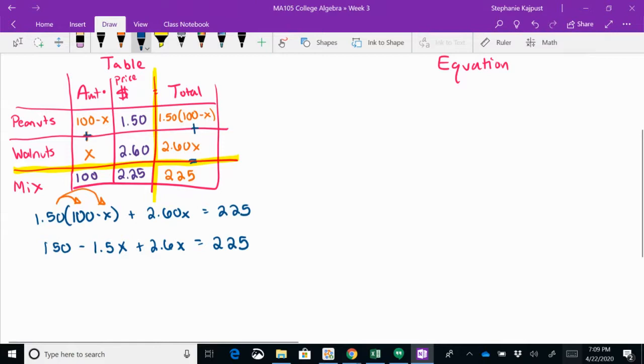Now I'm going to add like terms on the left side, because I can add those x's. I have a negative 1.5 plus 2.6. So this will give me 150 plus, because that adds up to a 1.1. So it's going to be 1.1x plus 150 equals 225.